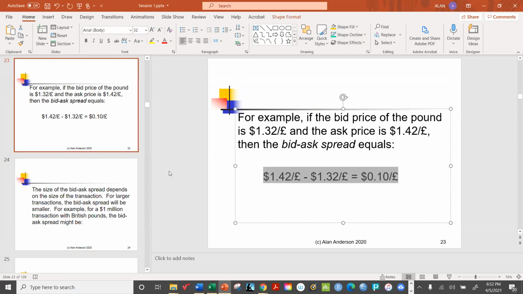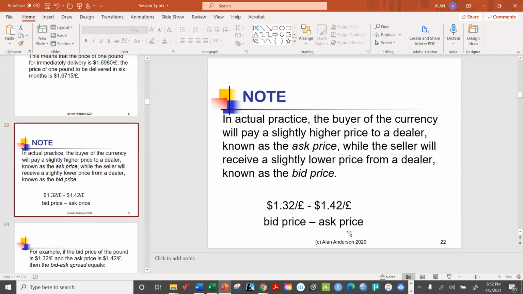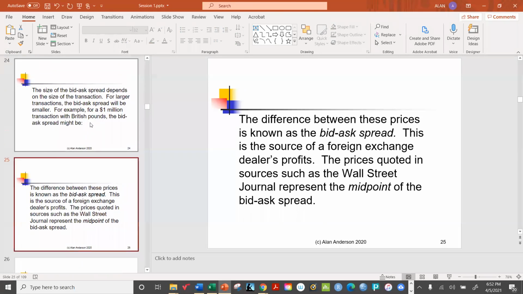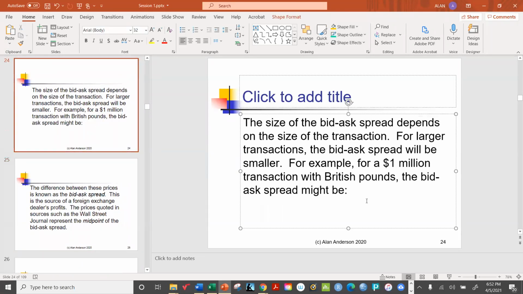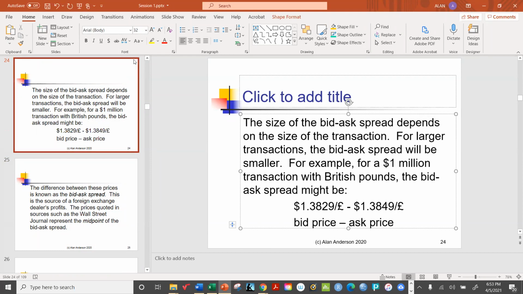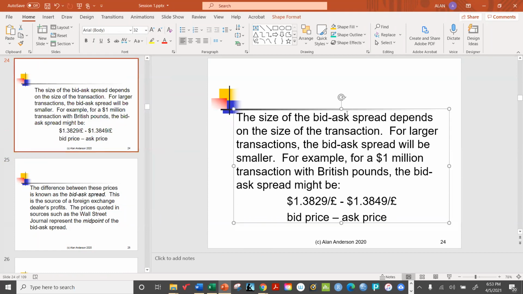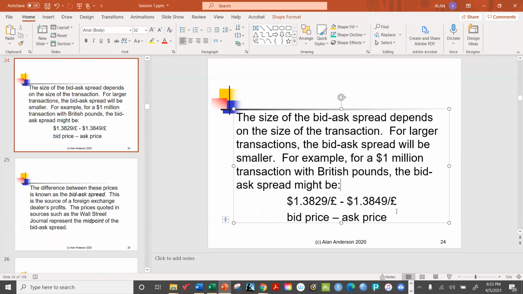Like let's say, for example, and I'm just making this up right now, but instead of what we had before, you might see 1.3829, something like that might be more normal with such a large transaction, because even though it's a fraction of a penny on each pound, you're still looking at $1 million.